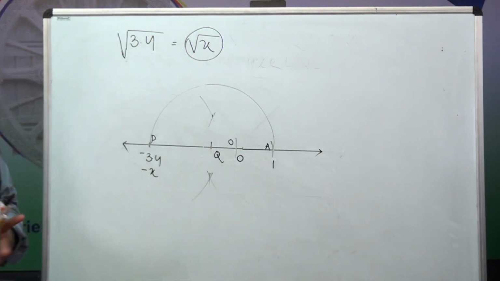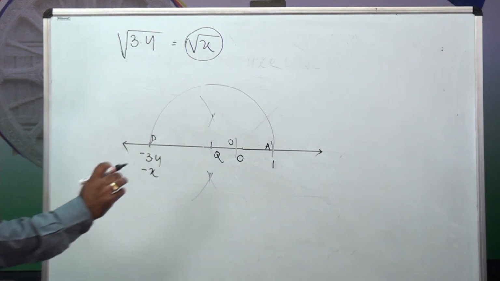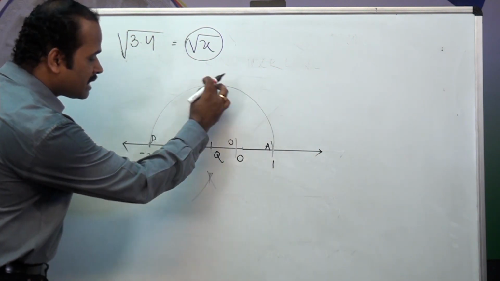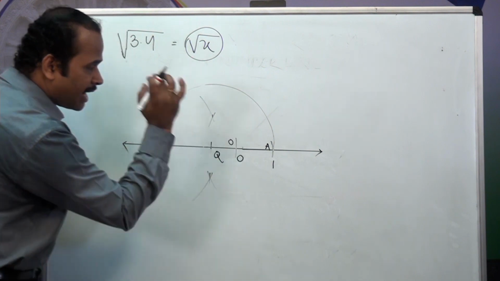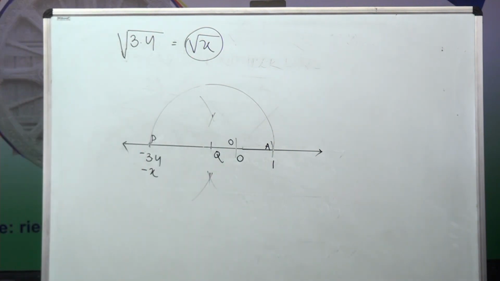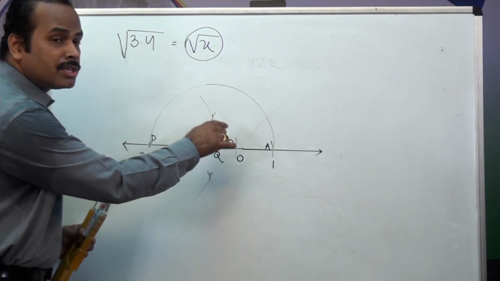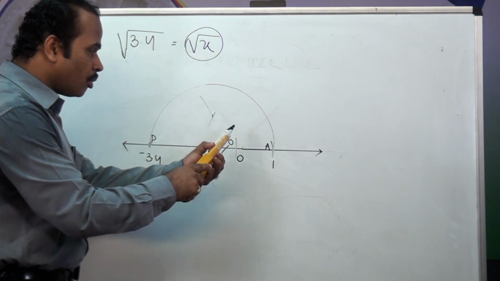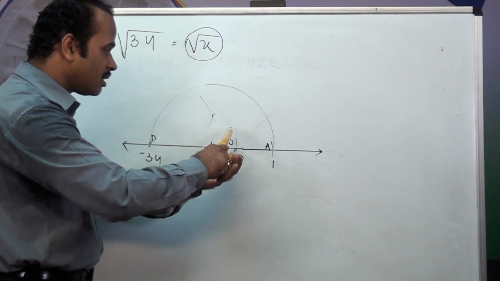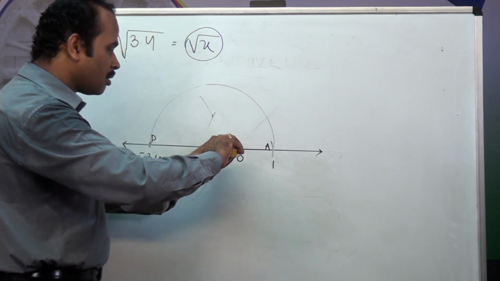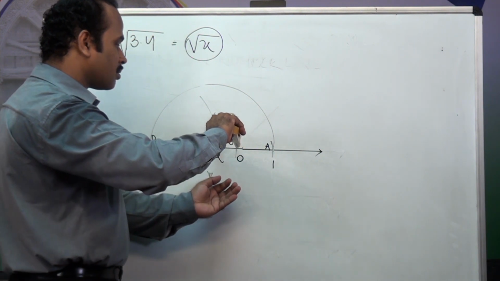So this is the semicircle I have constructed, with Q as center and QA as the radius. After constructing the semicircle, I will go to the point O, which I have taken as 0. From O, I will now construct another perpendicular.